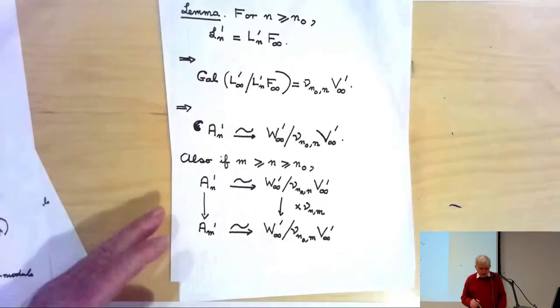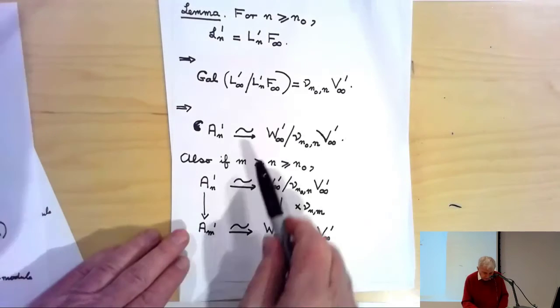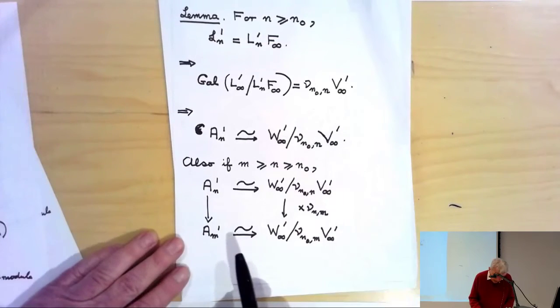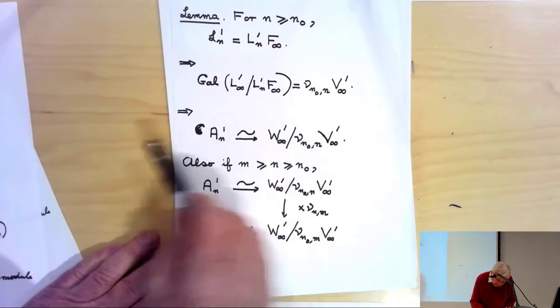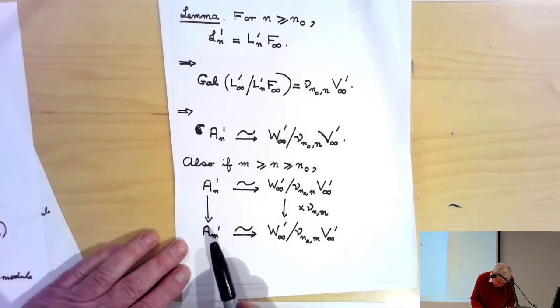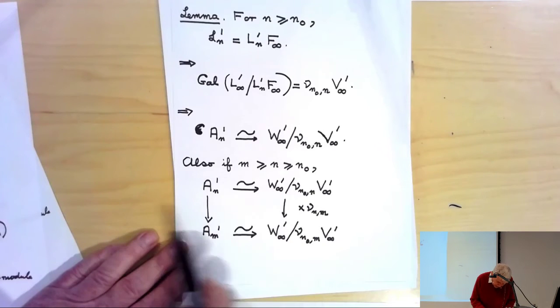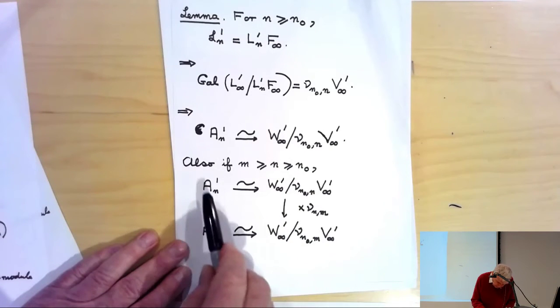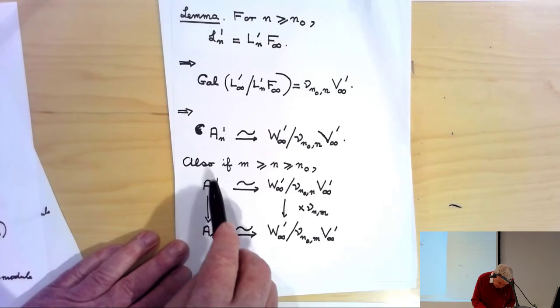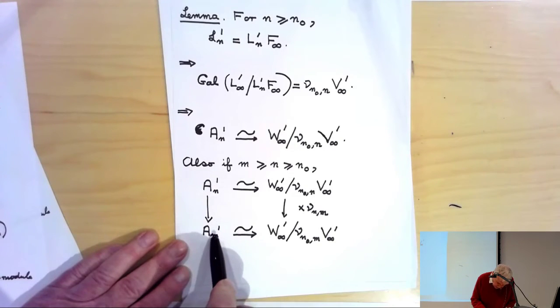In fact, there's A_n prime over W infinity prime mu_{n naught}, and moreover, what happens as you vary the n? So if n is less than or equal to m, then you have the inclusion map A_n prime to A_m prime.